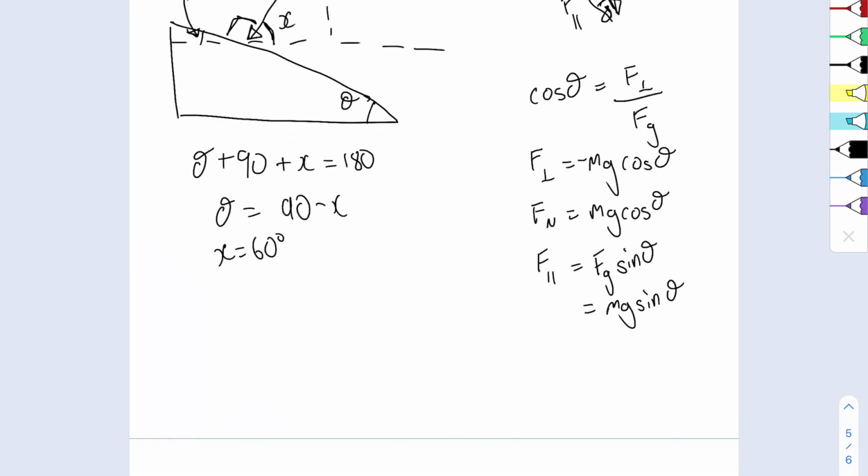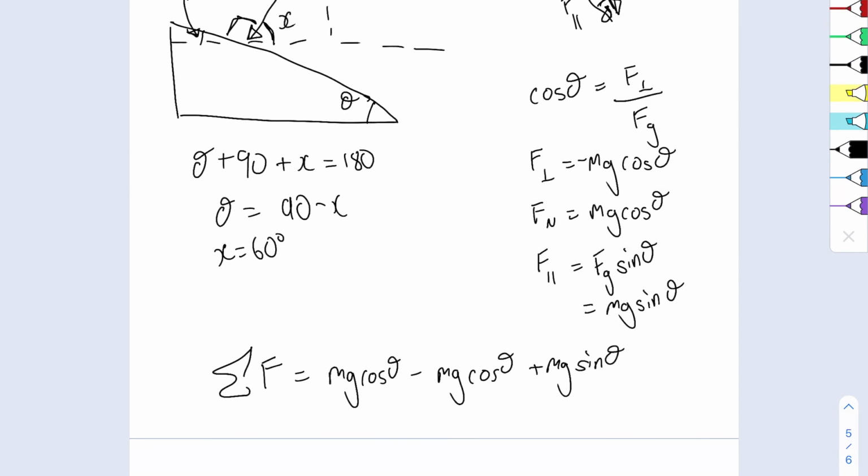Sweet. So now we just have to add all of these up to find the net force. The net force is equal to mg cosine theta minus mg cosine theta plus mg sine theta.